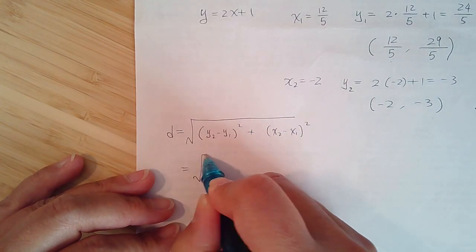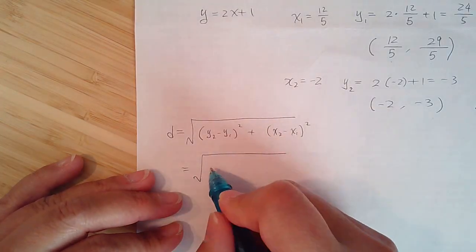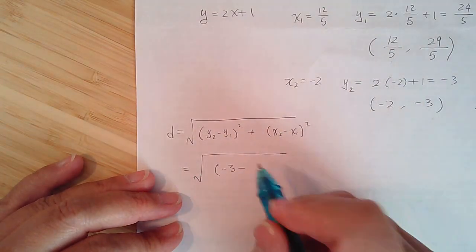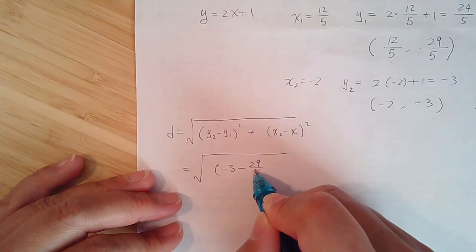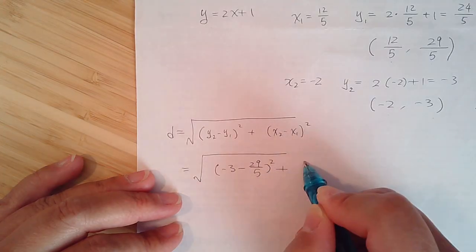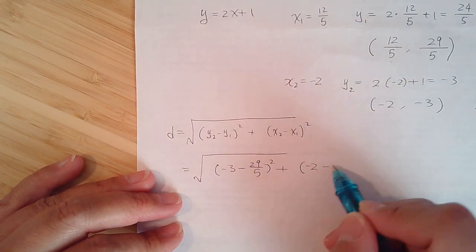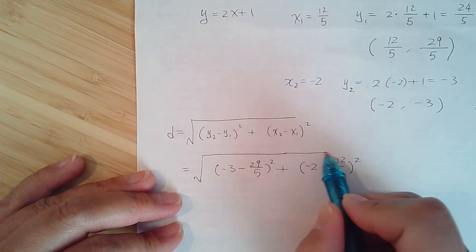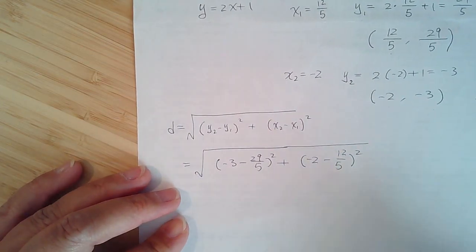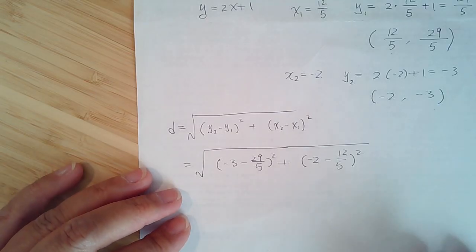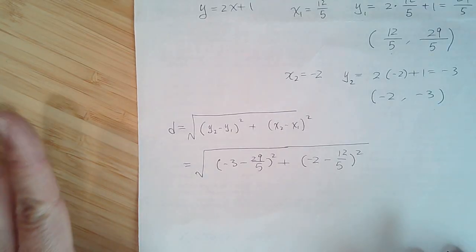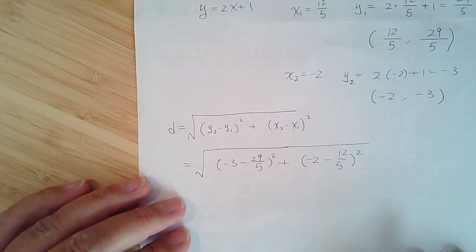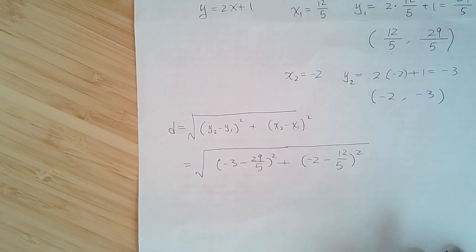So my y2 is negative 3 minus 29 over 5 squared plus negative 2 minus 12 over 5 squared. Okay, like that. And I ask you to give me the distance in decimal form. Let's keep 2 decimal places.